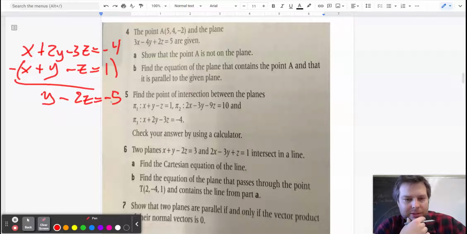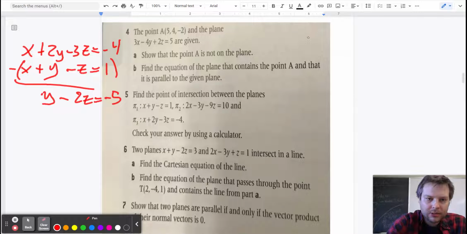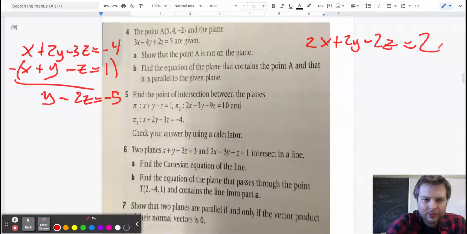I'm going to use plane equation number 1 again, and I'm going to use plane equation number 2. And so I'm actually going to double my plane equation number 1. So I'll have 2x plus 2y minus 2z equals 2. So this is plane number 1 times 2.